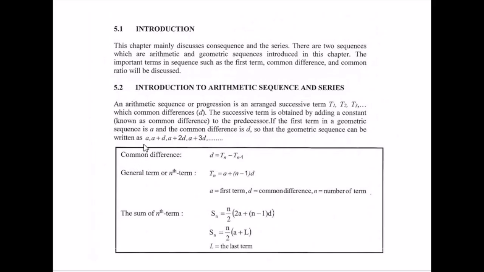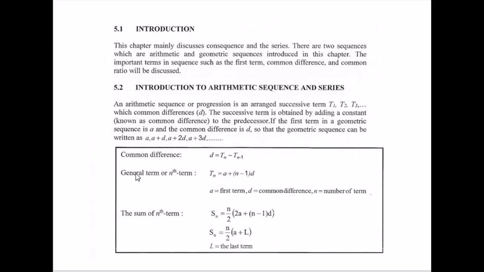Okay, common difference. To find the common difference, D equals Tn minus Tn minus 1. So term minus the previous term, we can get the common difference.